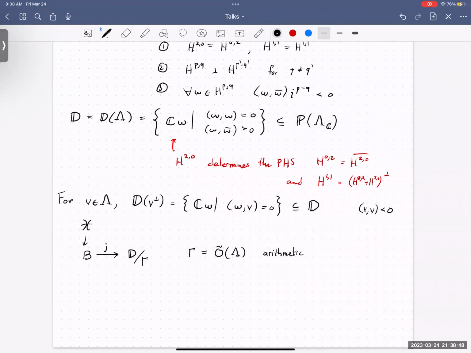Okay, so this is the period map, and then just to say what I was saying before, if I take the preimage under J of one of these hyperplane sections, D of V perp mod gamma, then as a set, this is literally the set of all points in the base of the family such that H^{1,1} of X_b contains an integral vector.